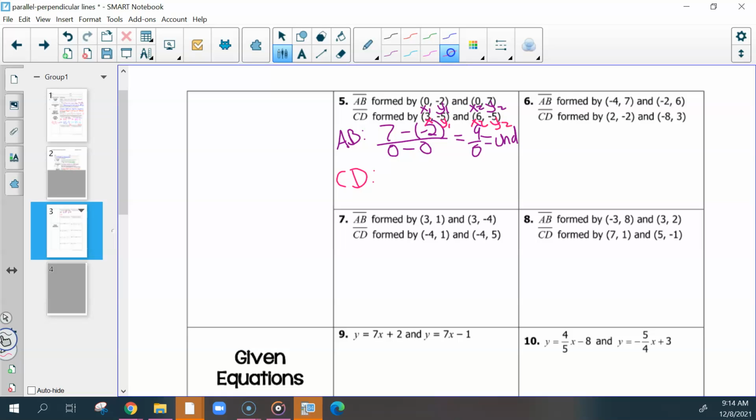So CD, we have -5 minus -5 over 6 minus 3. This would give us 0 over 3. Which, what did you say is? 0. So these would be perpendicular.